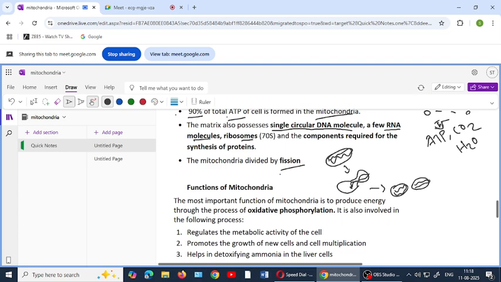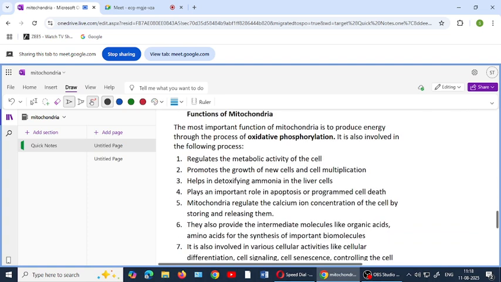Daughter cells happen from the previous cell. This is called fission. Only matured cells do fission. Normally we study fission in which case? Yes, in the case of bacteria.